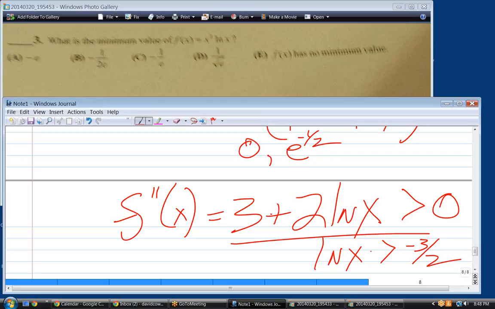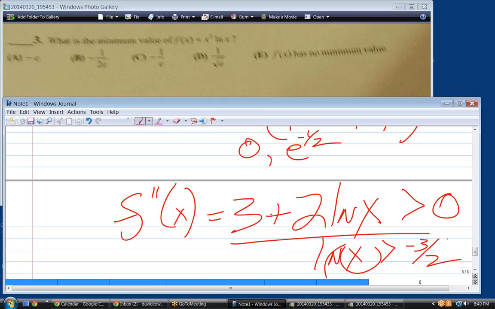So if natural log of x is greater than minus 3/2, then x has to be what? Is it positive? Well, x has to be positive anyway.